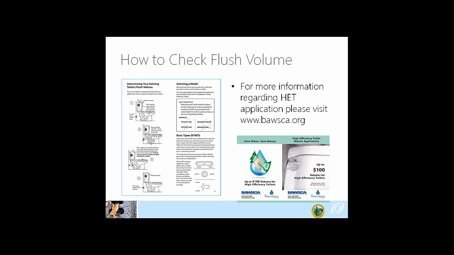To check the volume, remove the lid of the tank and make a mark at the top of the water line, and do the same for the bowl. Shut off the water completely, flush the toilet, take a gallon bucket and fill the tank and the bowl, and however many gallons it takes to fill both to the line that you just marked, that indicates your gallons per flush.